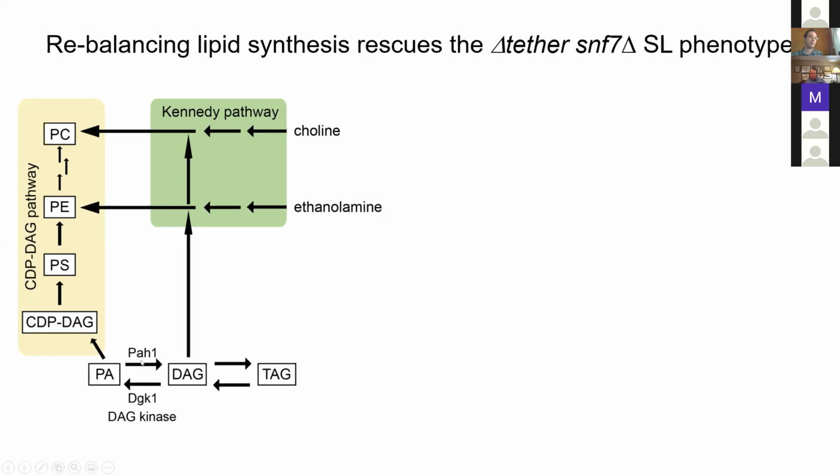And the availability of these two lipids is controlled by the activity of the enzyme PA phosphatase, which is encoded by PAH1. This dephosphorylates PA, making DAG, and DGK1, which is the diacylglycerol kinase, phosphorylates DAG to make PA.